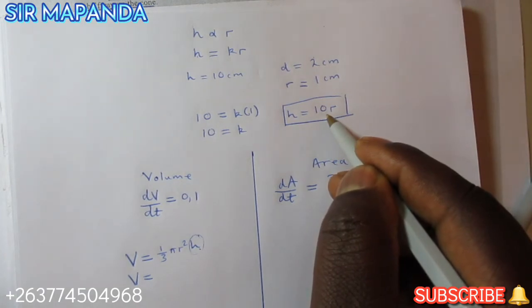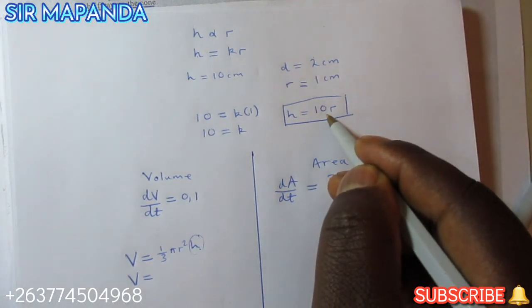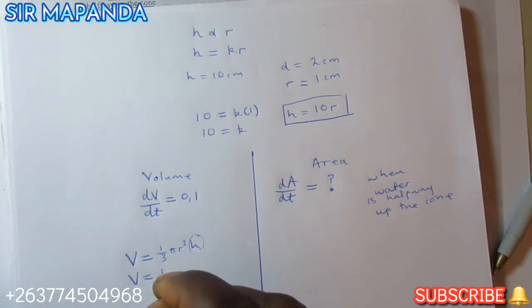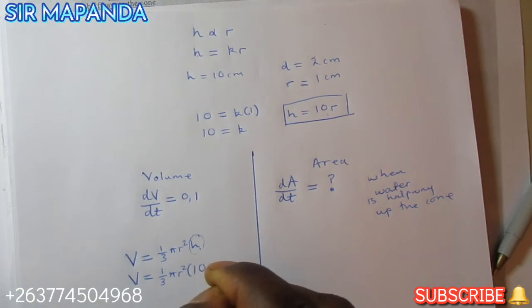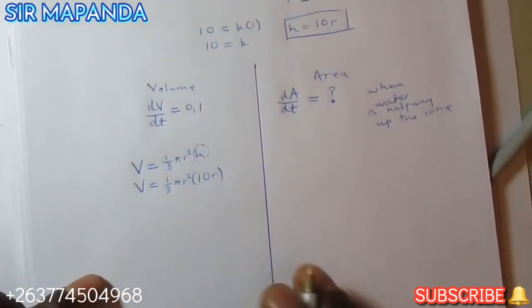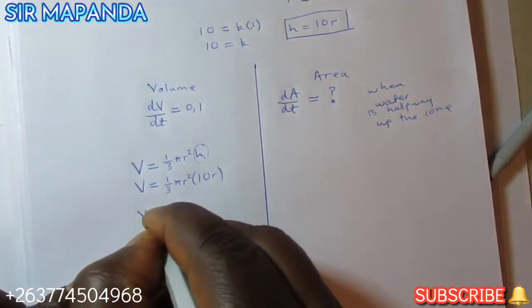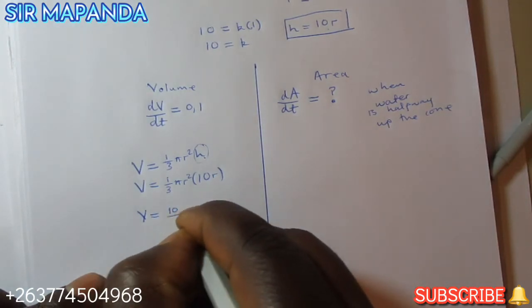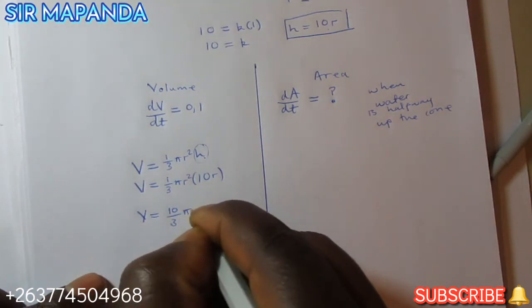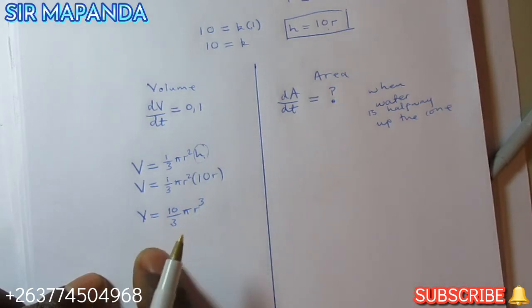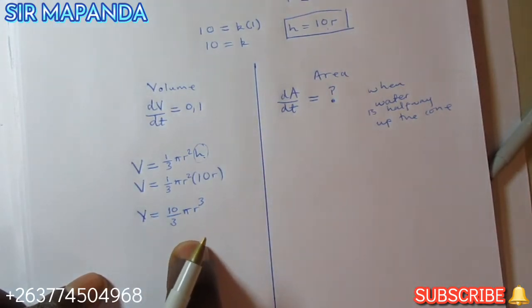Remember, h is equal to 10r from the proportion. So I'm going to put 1/3 pi r squared, then you put 10r on h, something like this. So if you multiply, you get 10 over 3 pi r cubed, which is your volume.